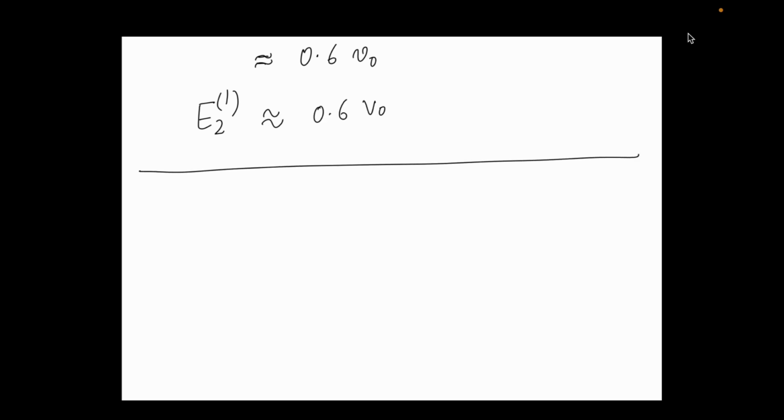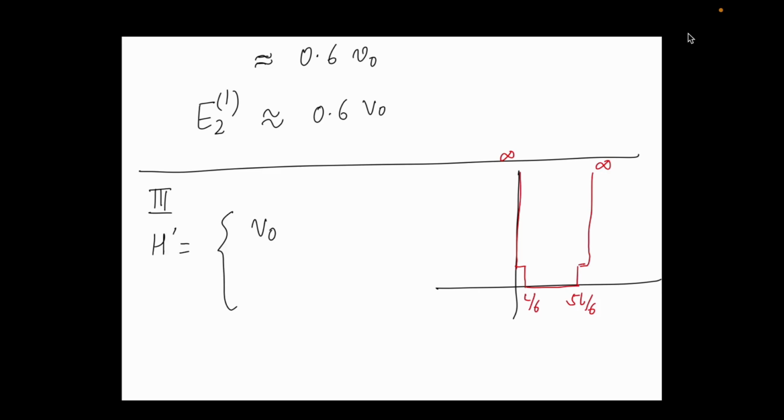Now you do it for the third case, where the potential is in the L by 6 on both sides, from 0 to L by 6 and from 5L by 6 to L. The perturbation turns out to be just two integrals, with 2 V naught by L again.